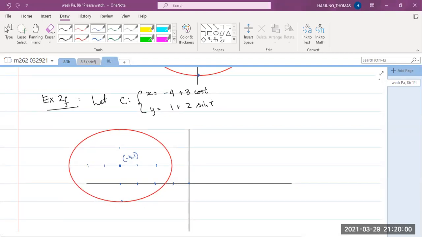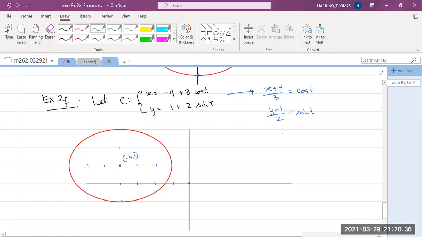So to move the graph 4 to the left, you add -4 to x, and to move up 1 unit, you add 1 to y. It's very similar to what we learned before with the regular transformation. But to prove this algebraically, we can do the following. You see that (x plus 4) over 3 equals cosine t, and (y minus 1) over 2 equals sine t.